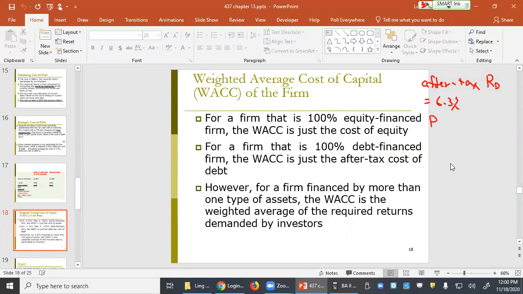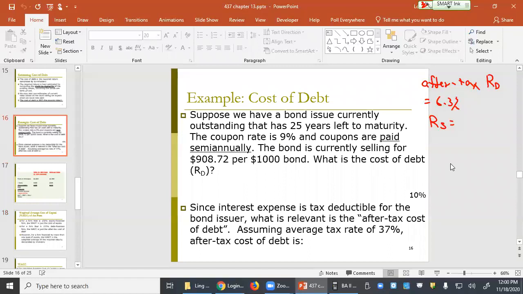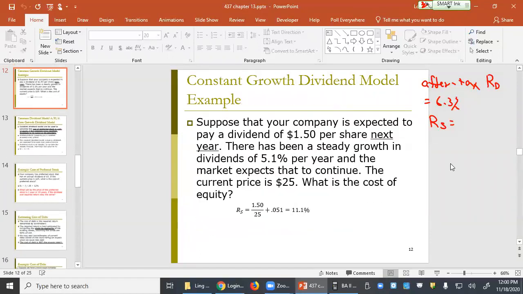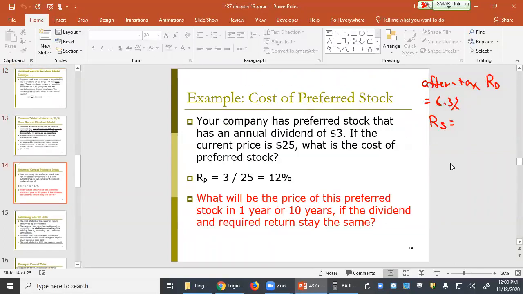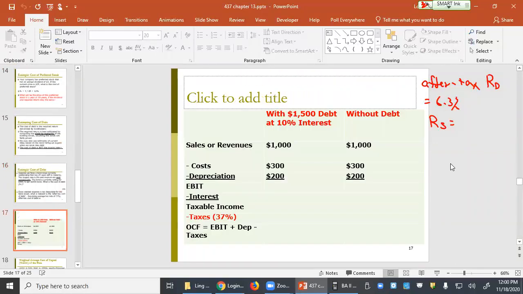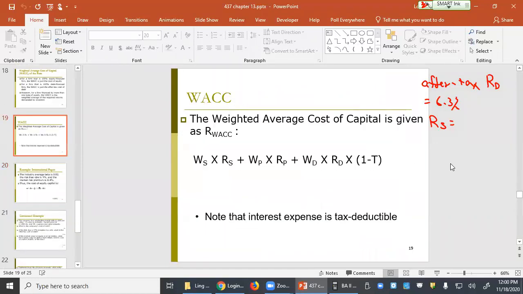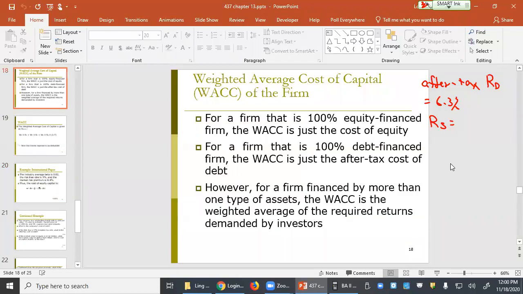And we also have the cost of equity that was calculated to be 11.1%. Are we using the same numbers? Maybe not. No, we're not using the same numbers, so never mind. Let's just forget about this.